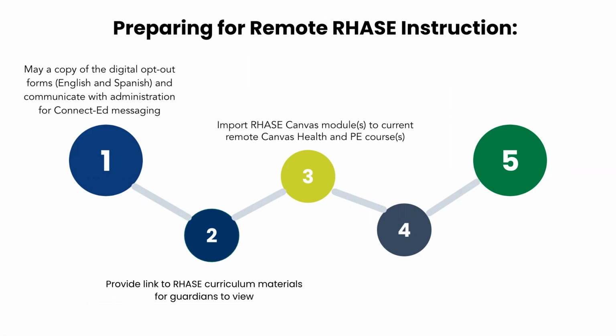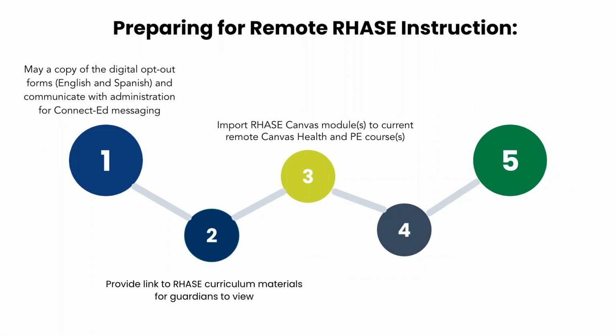So we already imported and shared the RHASE curriculum modules, just the modules, to the Canvas Commons. So you can import the RHASE modules into your already existing Canvas health and PE course for grade 6, grade 7, grade 8, and into the high school course.